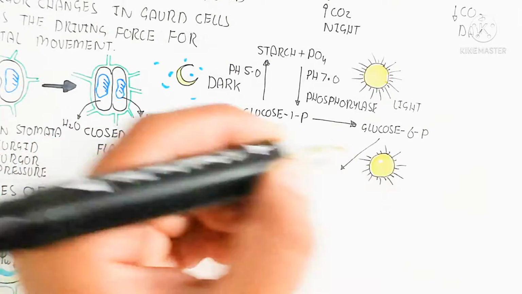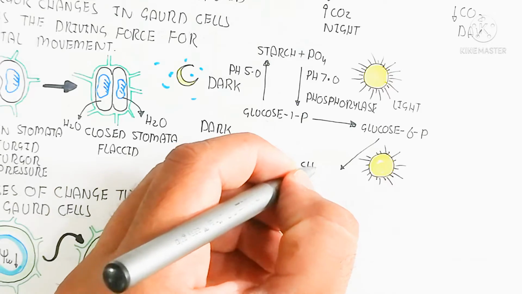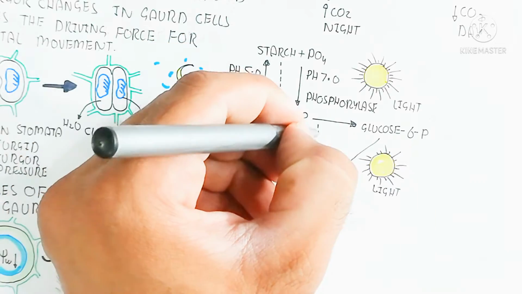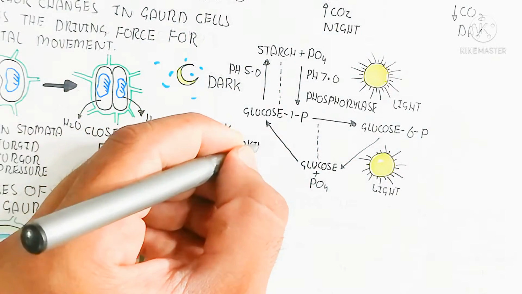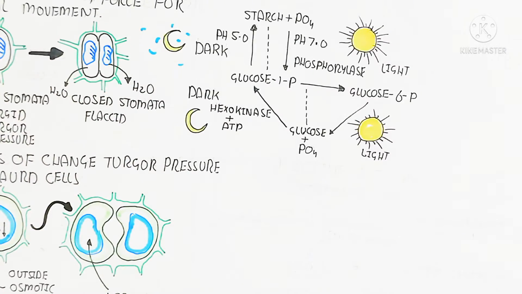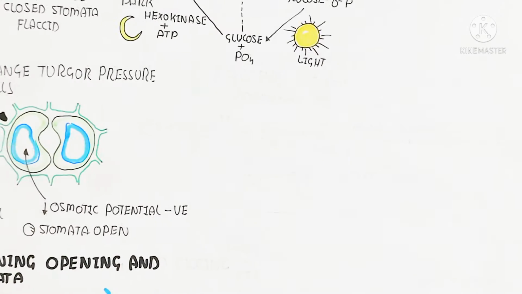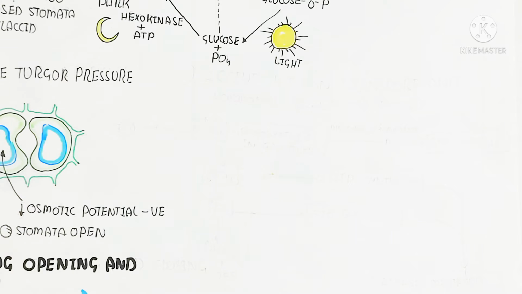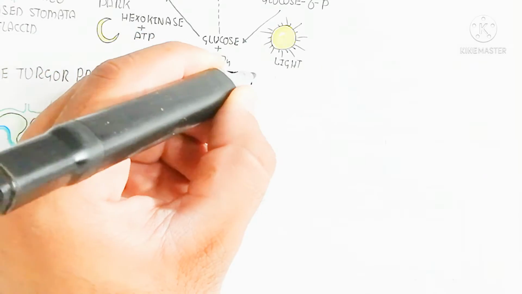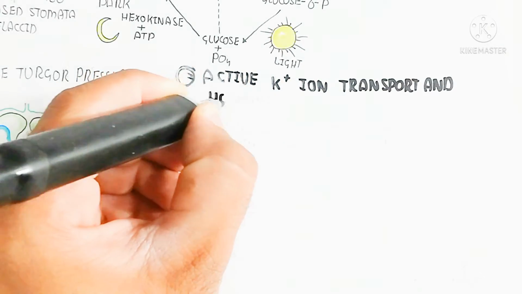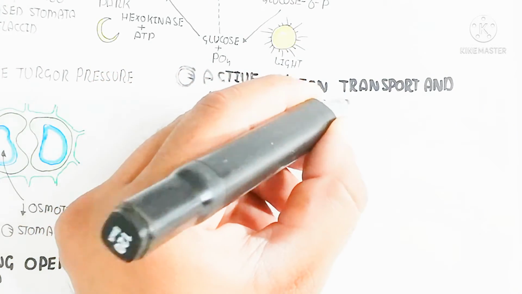During the light time, the glucose dissociates from the phosphate group to become glucose, and this glucose will absorb more water. The hexokinase plus ATP is used during the dark time to produce glucose 1 phosphate, which will again produce starch. After starch formation, less water is required because starch is insoluble in water. So the water will move out due to the higher potential inside as compared to the outside.